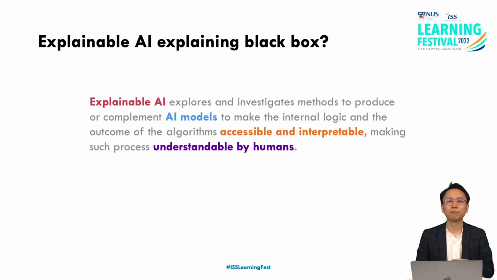To put it simply, it is a set of methods that try to figure out how those machine learning methods make decisions. But is this sufficient to resolve the issues that we have seen just now?